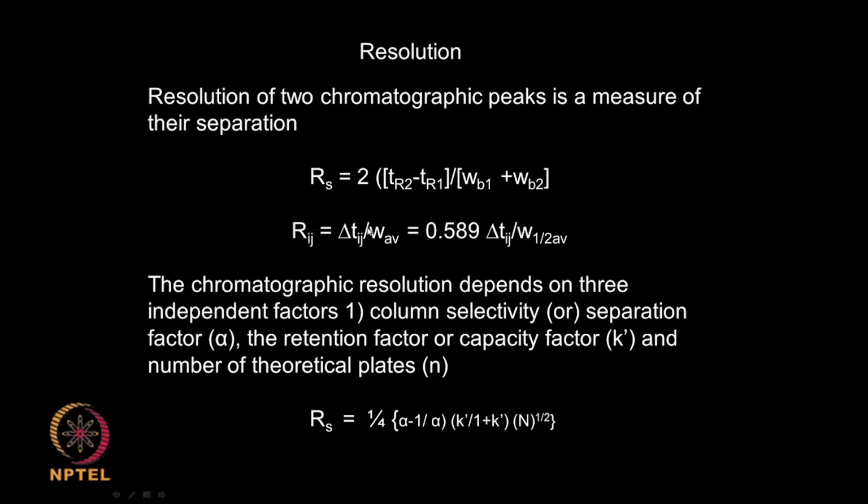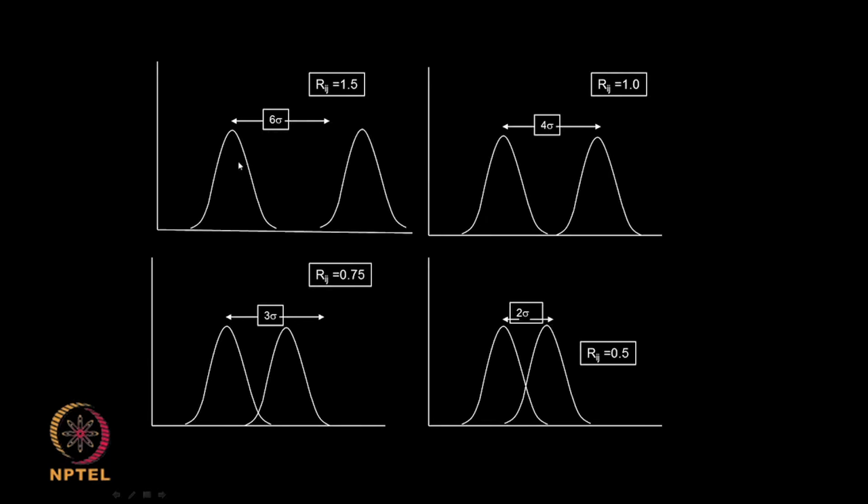Or we can say delta t, the difference in the retention time, divided by W average. If you are measuring the width at half the height, then it will be 0.589 delta t by W average. Okay. So, the resolution depends on column selectivity, separation factor, retention factor, capacity factor, number of theoretical plates and so on.